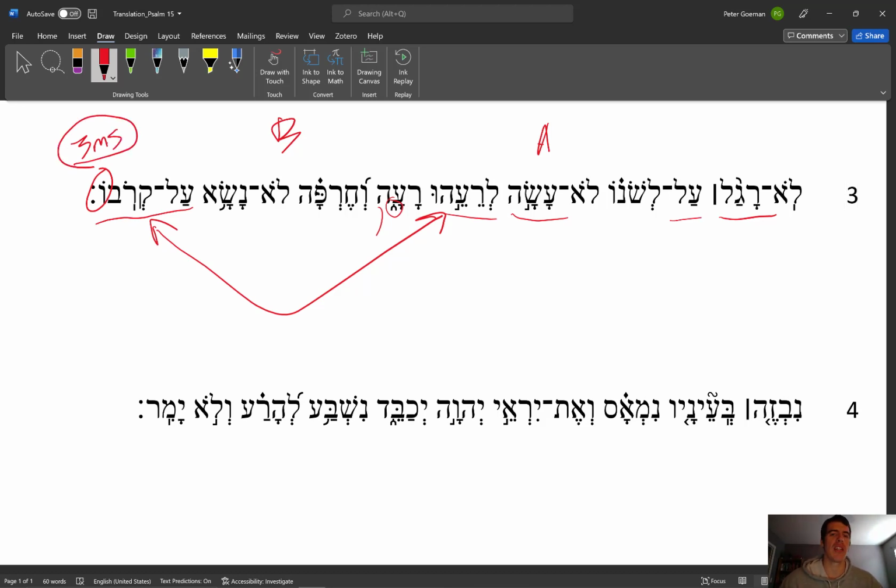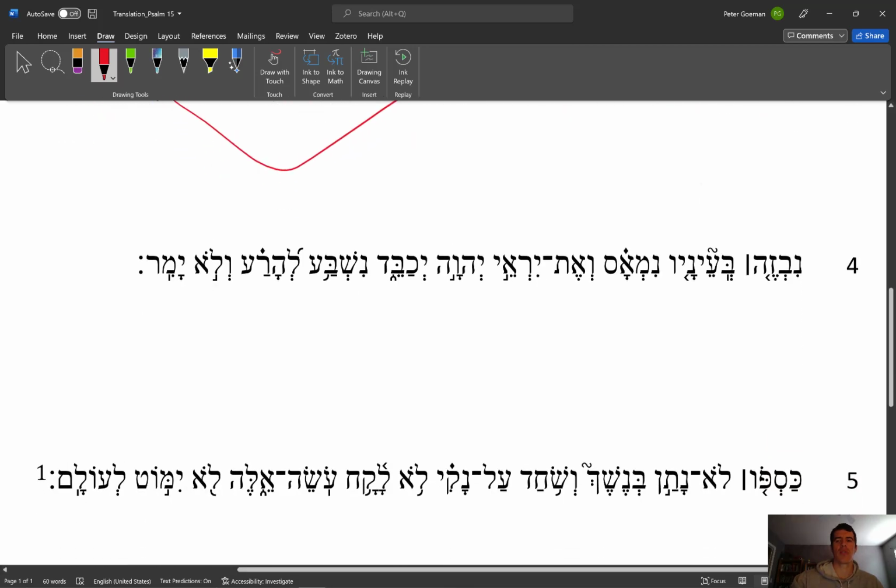So literally, a reproach he does not lift up concerning his near one. That's how you would translate that. So altogether, he does not slander with his tongue, he does not do to his neighbor evil, and a reproach he does not lift up against his near one.